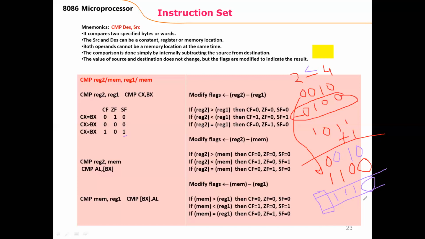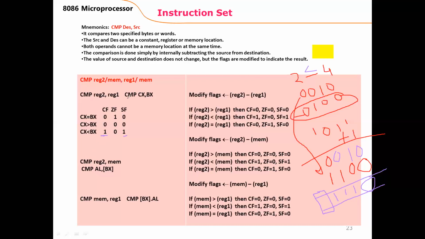And we know that in subtraction, carry flag status is always the inverse of the carry from the operation. Here we are not getting any carry, so the inverse of 0 will be 1. Carry flag status is 1. So after checking the status of the flags, one can determine which number is greater or smaller.